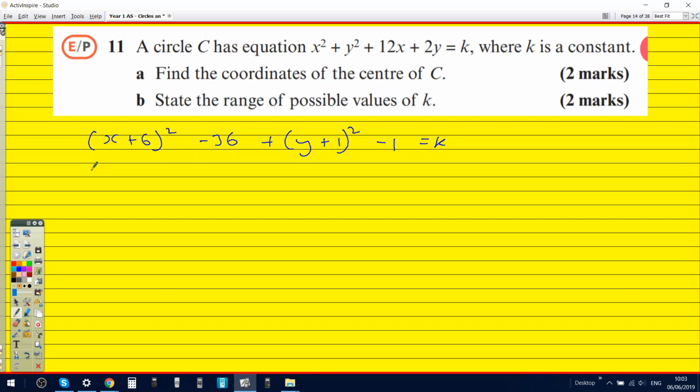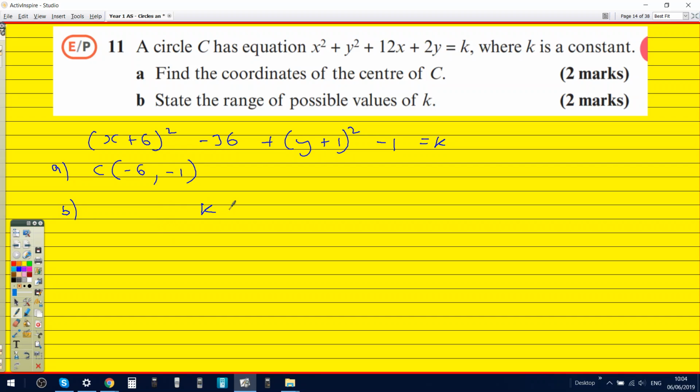Oh yeah, so the center would be minus 6, minus 1. Could you take the minus 37 over to the k? So would it become k plus 37? Yeah. So that's k.